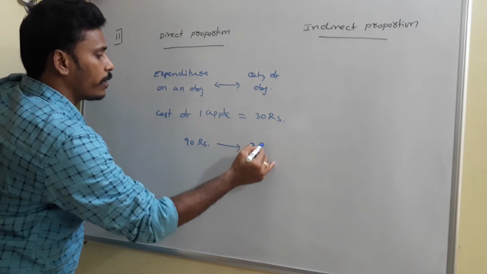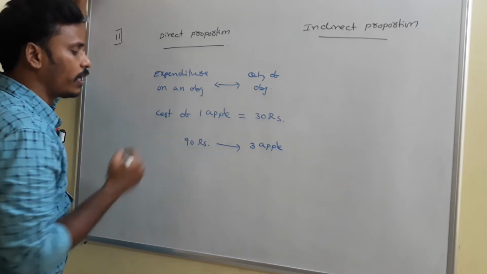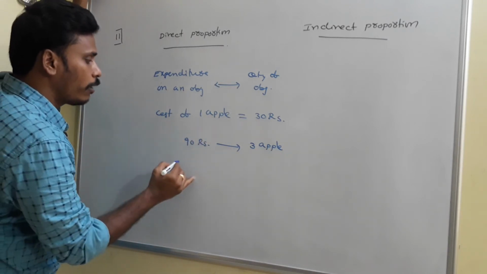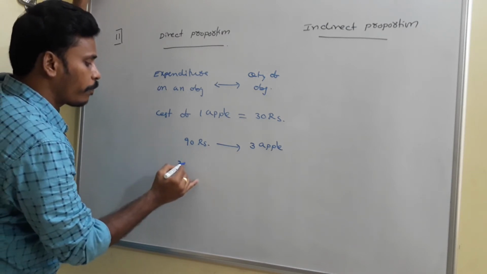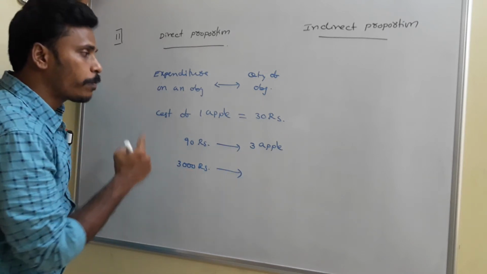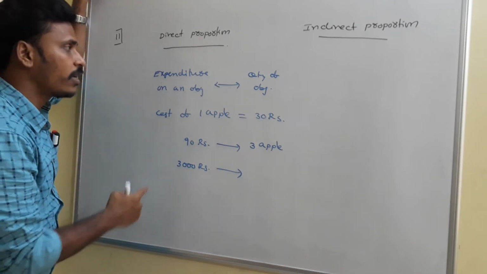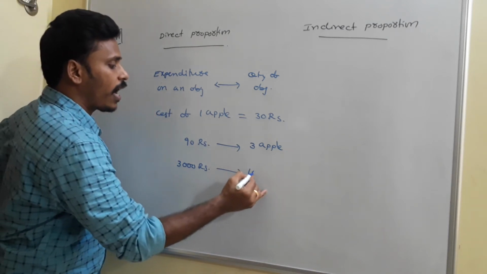I will get 3 apples. Is it right? The cost of one apple is 30 rupees, so if I spend 90 rupees, I will get 3 apples. For example, if I spend 3000 rupees, how many apples will I get?